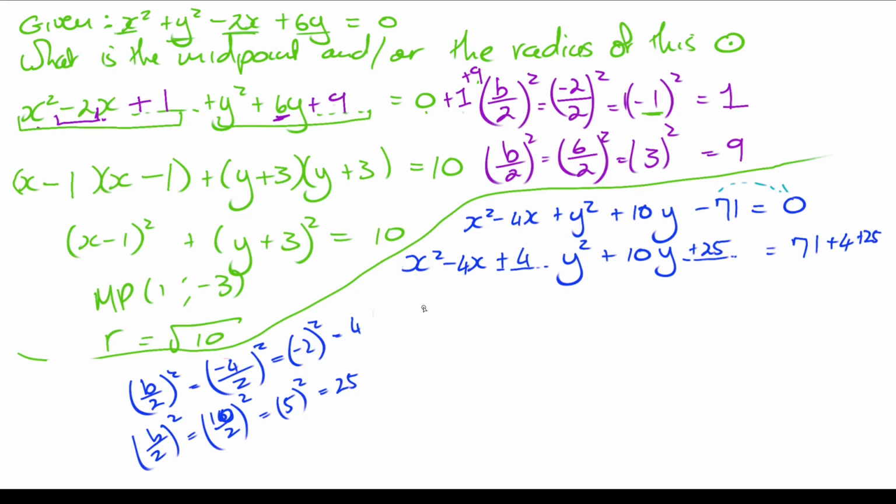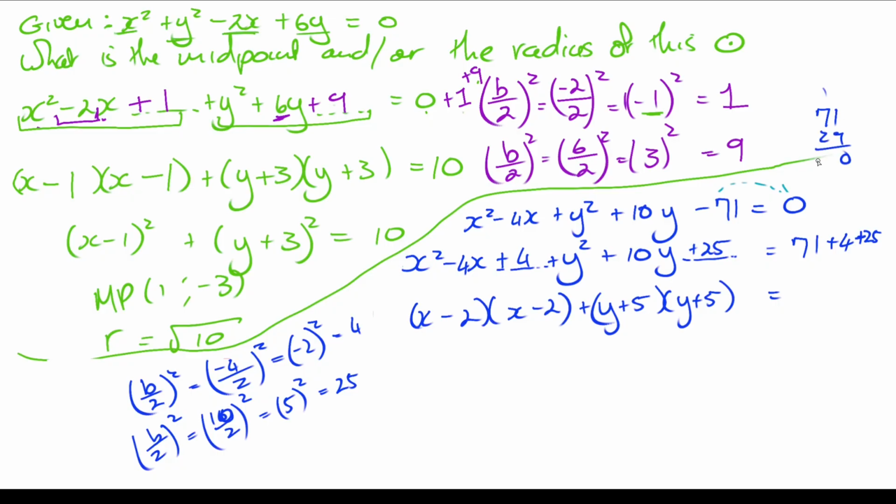Let's do this. X minus 2, plus, ooh, there should be a plus there. Y plus 5. Y plus 5 equals, I don't know what 25 plus 29, 71 plus 29 is 100.